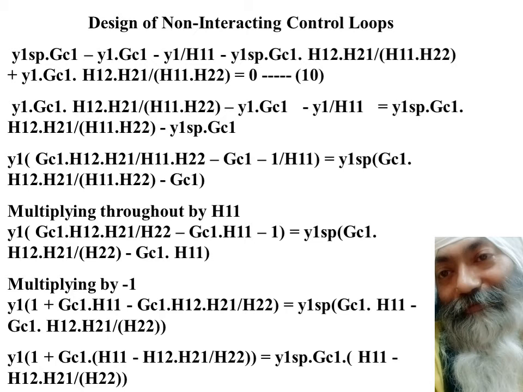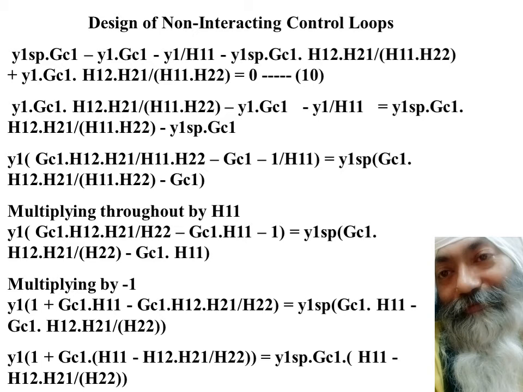There is no m1, there is no m2, and there is no gc2 also. It means that if I happen to retune the value of gc2, it's not going to affect the value of gc1 or the value of y1. So this is a very important equation.